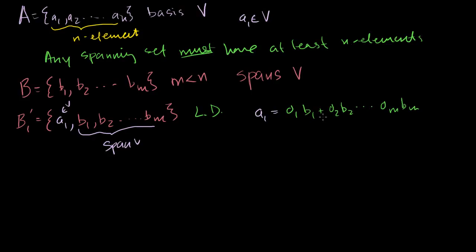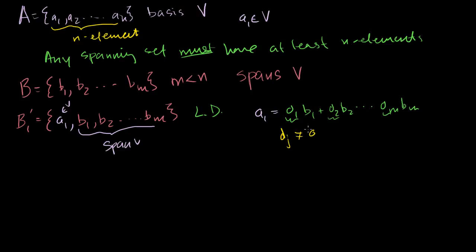And at least one of these has to be non-zero. We know that a1 is a non-zero vector. If it were a zero vector, this couldn't be a basis because it wouldn't be linearly independent, because you can always represent a zero vector as 0 times any other vector. So at least one of these is non-zero. Let's just say, for the sake of argument, that dj, the coefficient on bj, is non-zero. So dj does not equal 0.